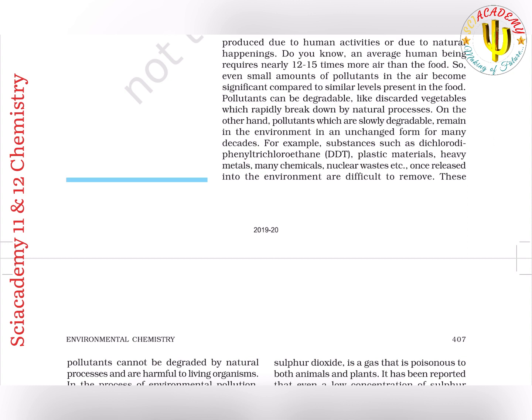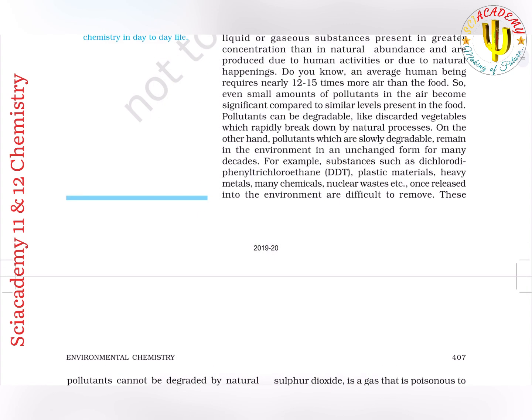For example, substances such as dichlorodiphenyltrichloroethane, DDT, plastic materials, heavy metals, many chemicals, nuclear wastes, etc., once released into the environment are difficult to remove.